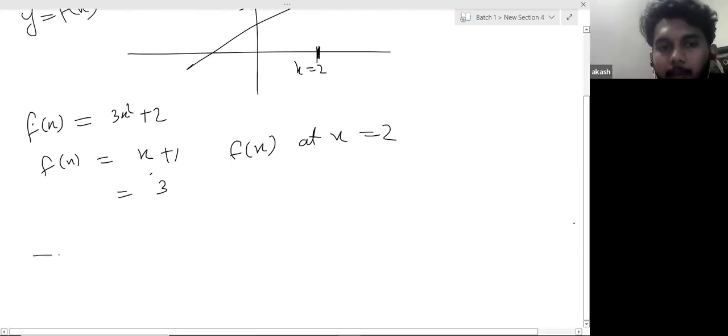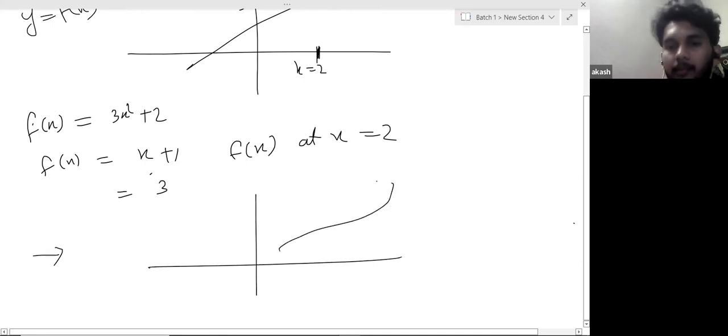Suppose you are not given the equation, but just a graph. All right, like this. But that is plotted in clear-cut graph paper. Now, if someone asks you what is the value of the function at x equals 5, we'll go like this. You will say this is the value of function at x equals 5. Right? This is the way to find the value.